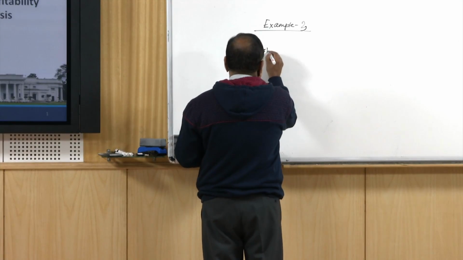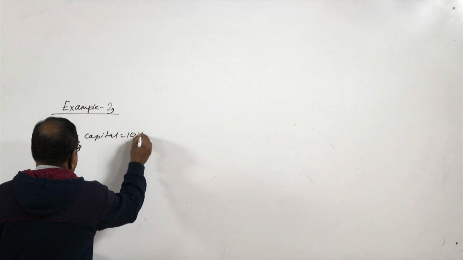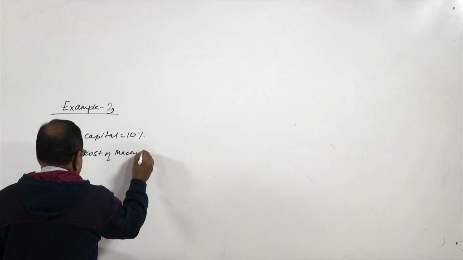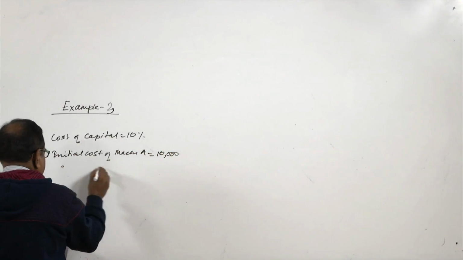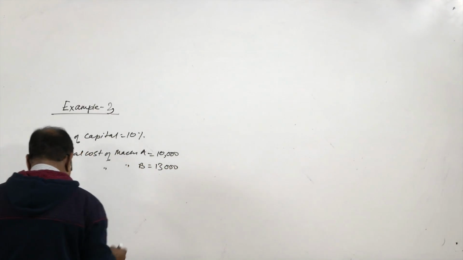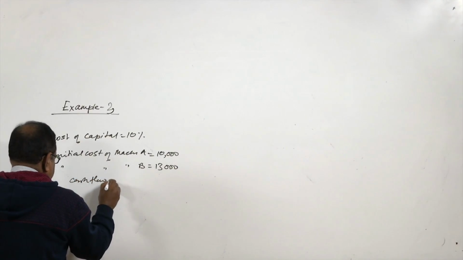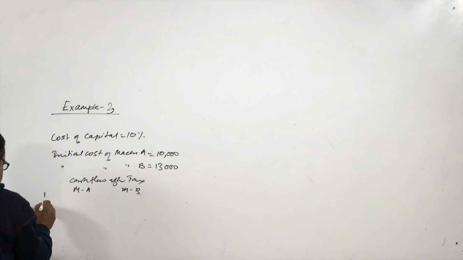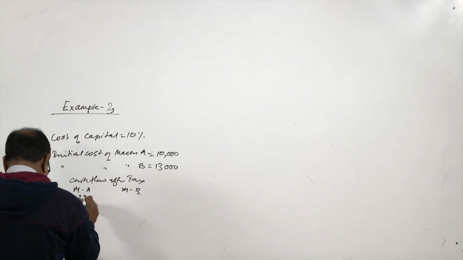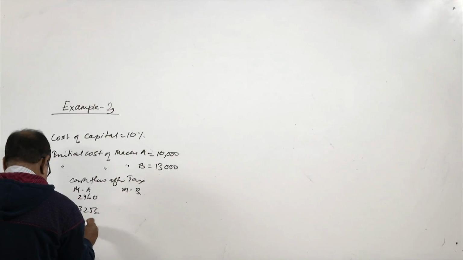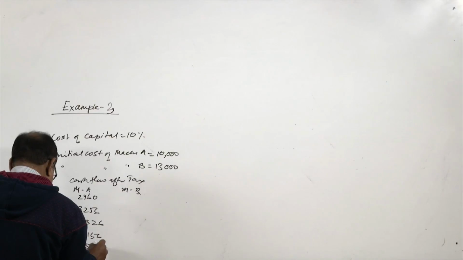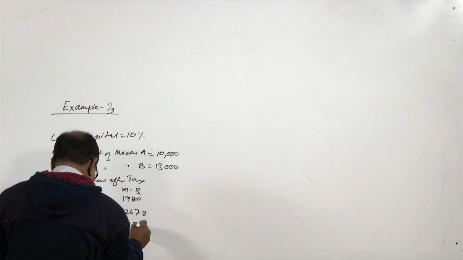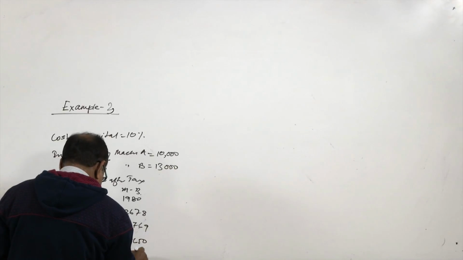So, cost of capital given is 10%, initial cost of machine A is 10,000, initial cost of machine B is 13,000, and cash flow after tax for machine A and machine B for years 1, 2, 3, 4, 5 is 2460, 3256, 3326, 2156, 5210, 1980, 2678, 8769, 7650, 4302.